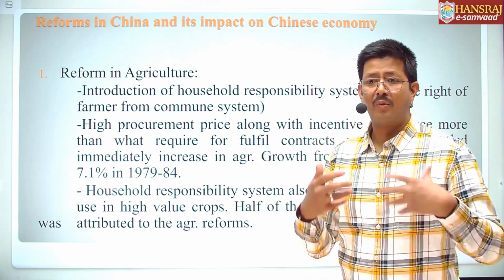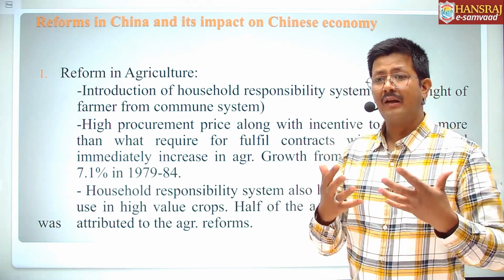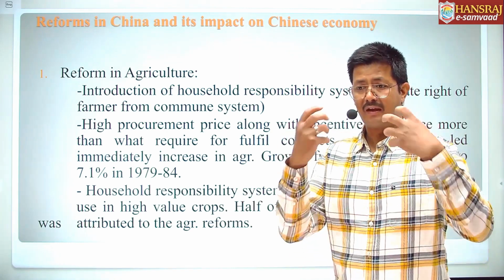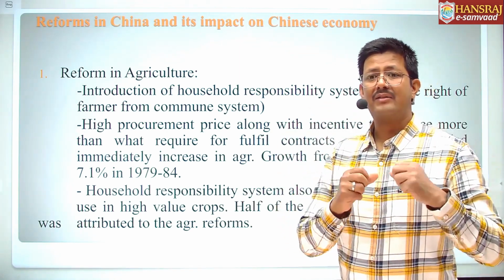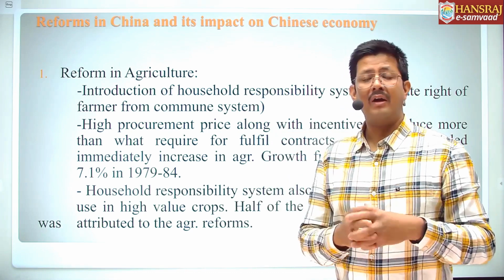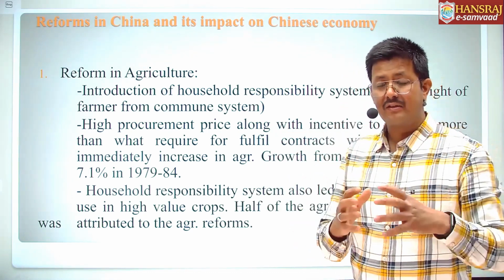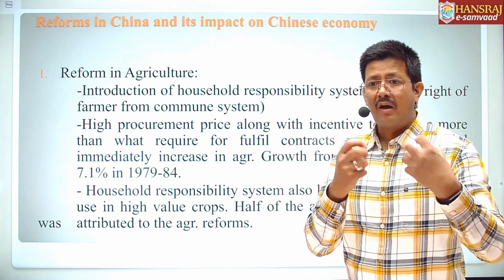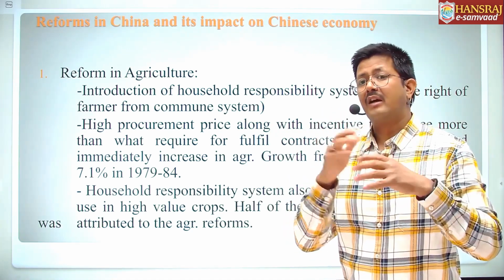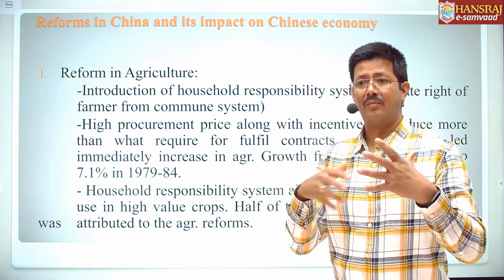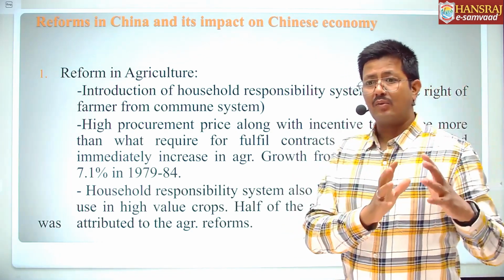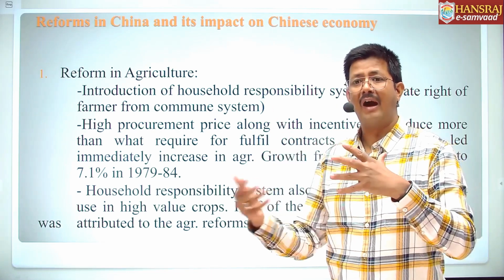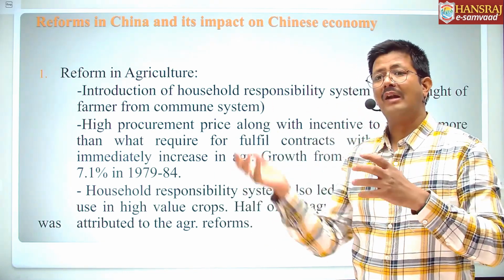Most of the population depends on the agriculture sector. If there is agricultural reform, it will have a positive impact on rural industrialization, and that is most important for India. India is right now in the stage of transformation, because in India most of the people live in rural areas. So if we focus on agricultural reform, it will have a positive impact on rural industrialization.